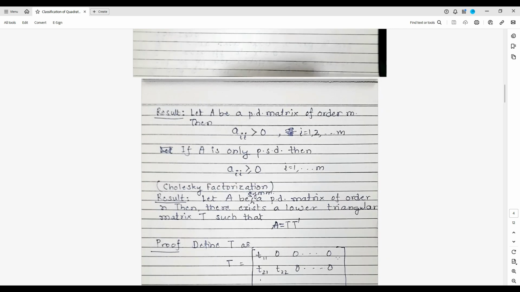Now let us continue this further with a minor result, and then in the next lecture we shall talk about Cholesky factorization. So let A be a positive definite matrix of order m.